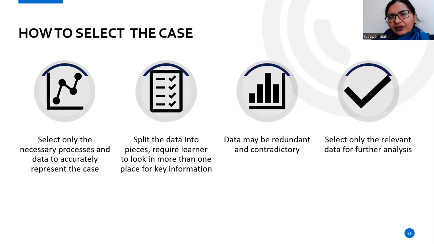And if you repeat everything every time, you won't have time to focus on your learning objective. So to maintain the accuracy, select only the relevant data for further analysis. Every time history may not be repeated, every time certain data need not be repeated. And if you're working with the same group, or if you're repeating the case, these details are already known. So when it comes to further analysis, select only the relevant data.